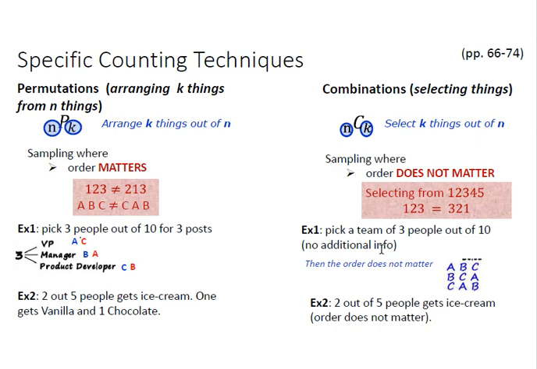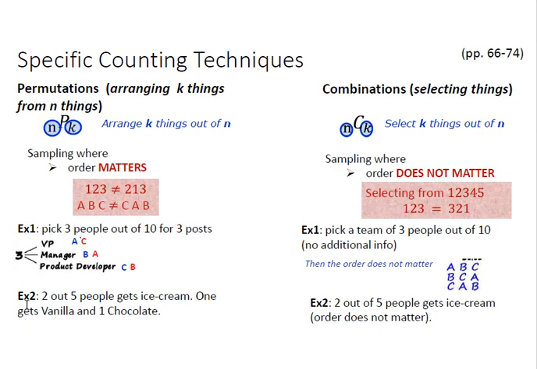So for a team or group, order is not important. So it's a combination, the combination of 3 out of 10. But here it's the permutation of 3 out of 10.